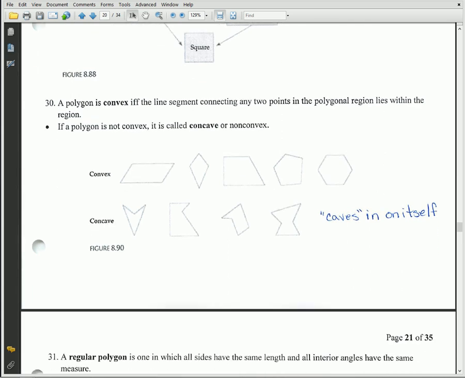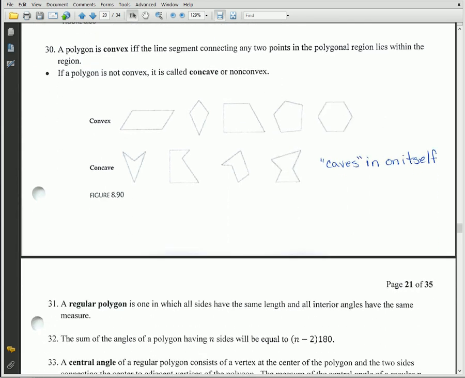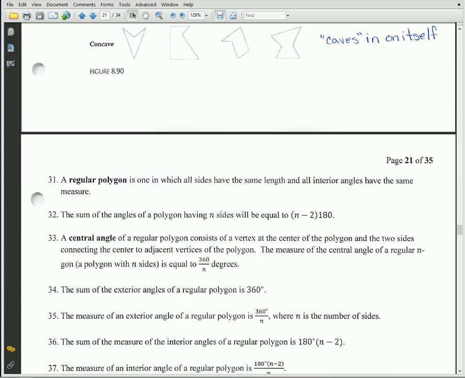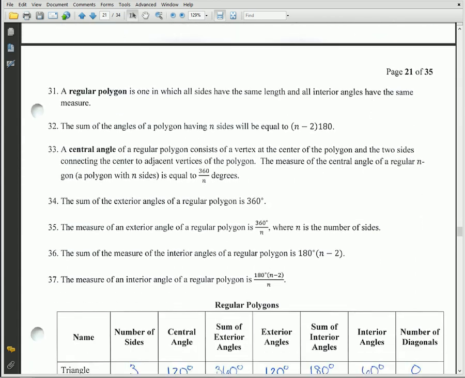All right. Convex and concave. Concave means that it caves in on itself. Okay, we're going to be more concerned about convex polygons, but we're going to want to look at concave also. So there's an example. Convex are pointing out. Concave means it curves in. A regular polygon is one in which all the sides have the same length and all angles are the same.